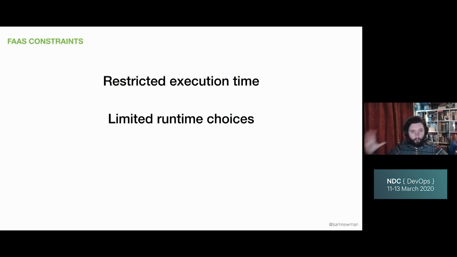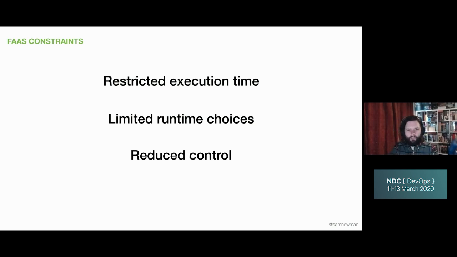Azure actually has the broadest offering in terms of different runtimes. Theoretically, you can run a Windows batch file as a function. I mean, you shouldn't, but you can. You can also run things like PowerShell scripts and functions, which can actually be quite useful for maintenance and administration tasks. AWS is doing pretty well as well, but I'd say Azure has the broadest set of runtime choices at the moment.